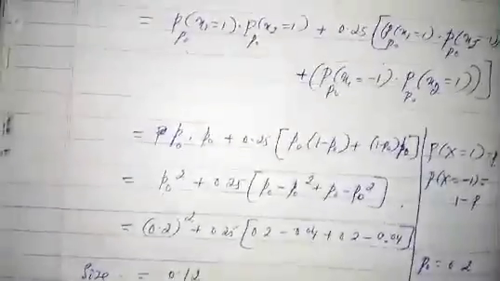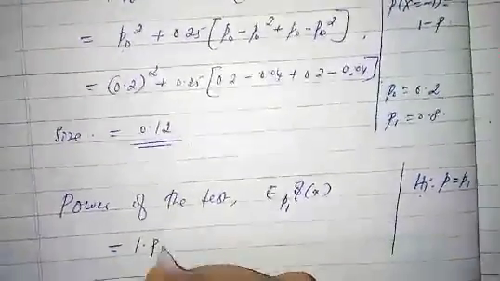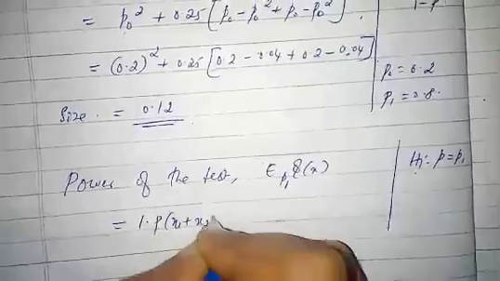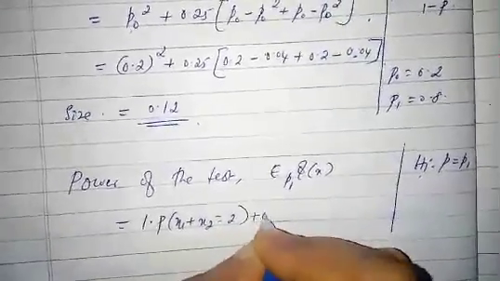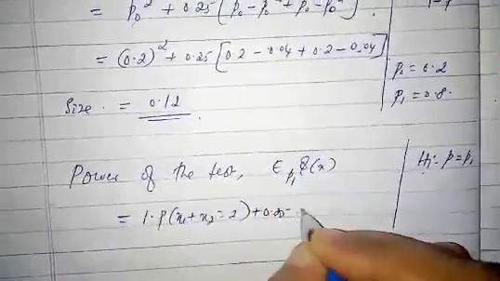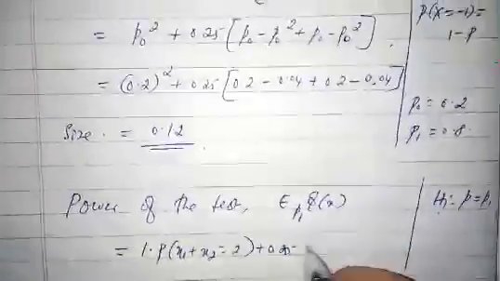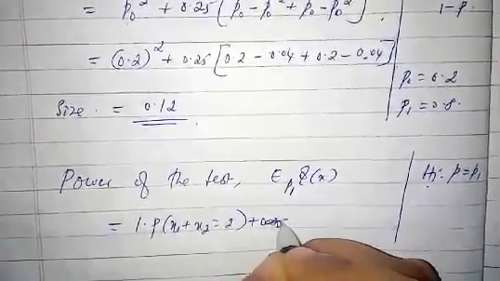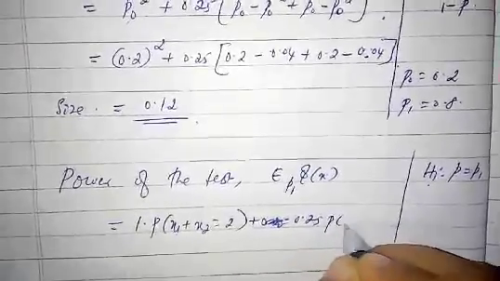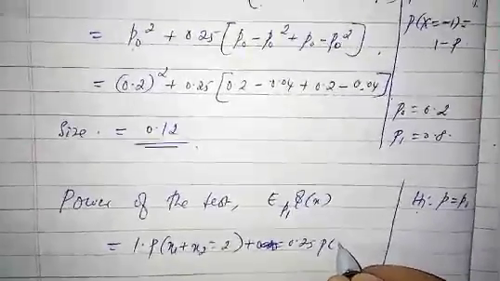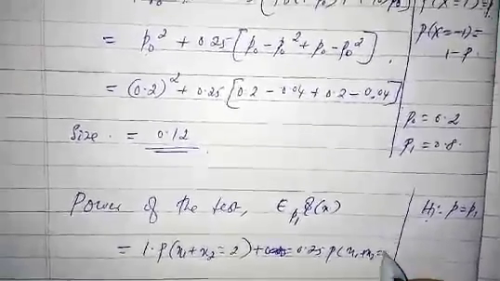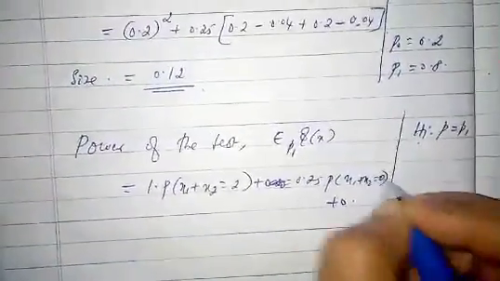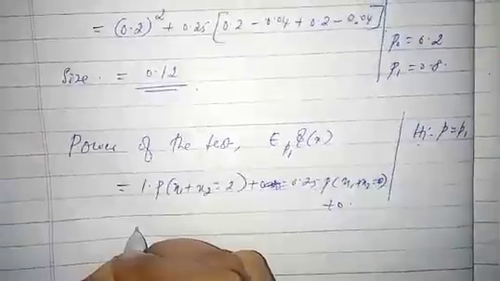That means 1 into probability of x1 plus x2 equals 2, plus 0.25 into probability of x1 plus x2 equals 1, plus 0 into probability of x1 plus x2 equals 0, from the test function.